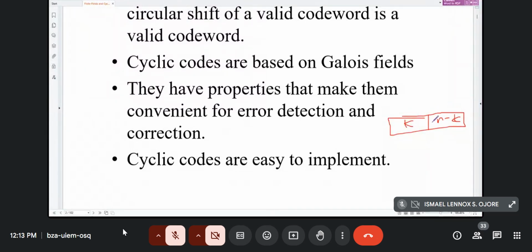Because if it is systematic, you can simply check whether this code word is valid.